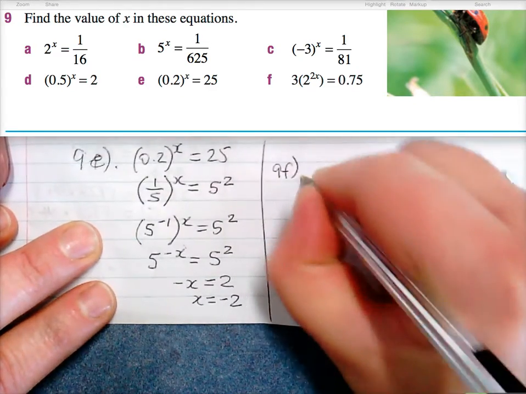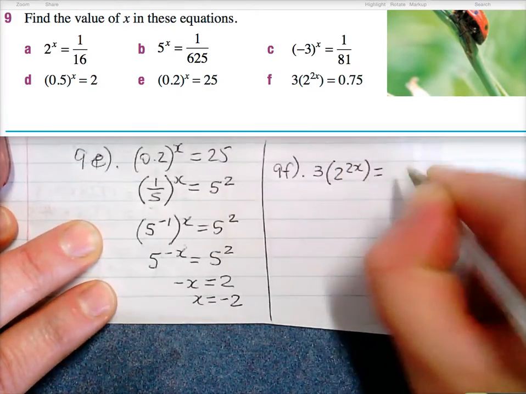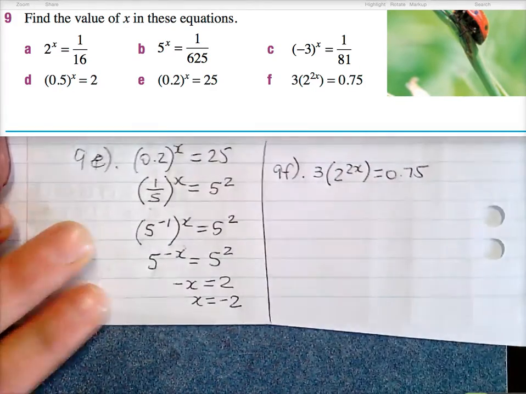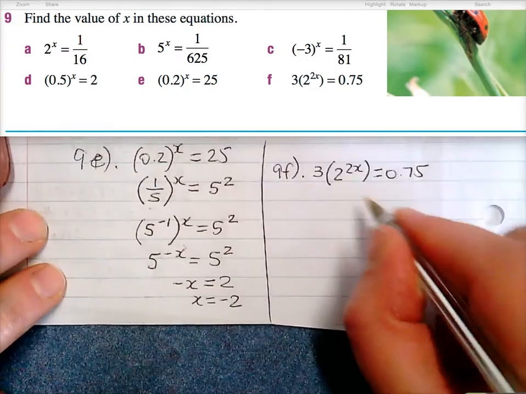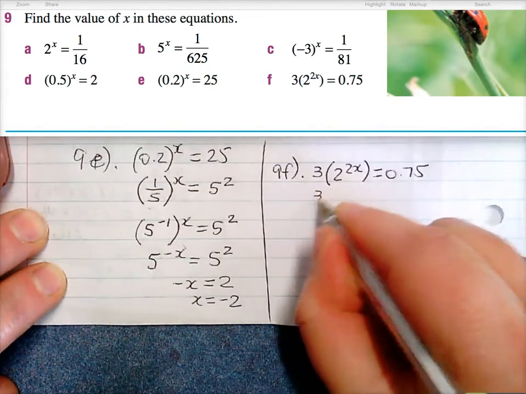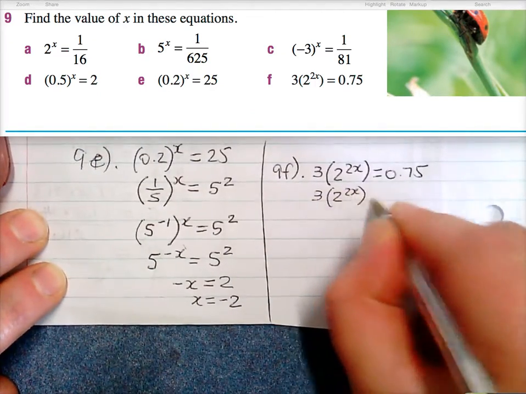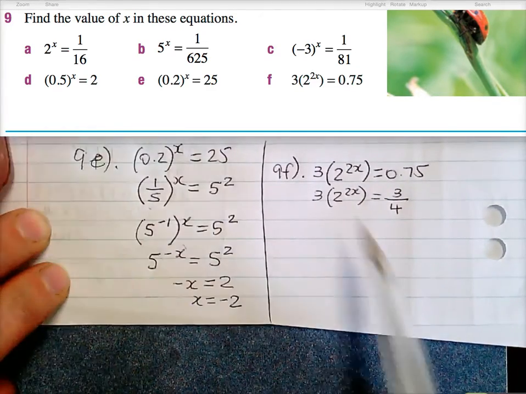9F. 3 times 2 to the power of 2x equals 0.75. When you see 0.75, you know what fraction that is. What is it? 3 over 4. Okay, girls. So let's look at what we've got. I like the 3.